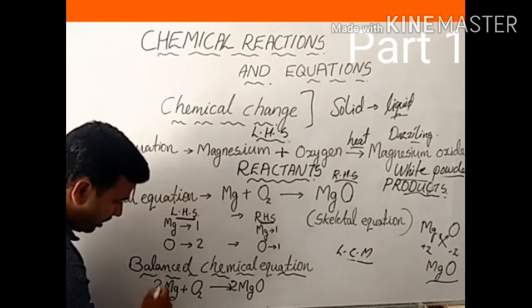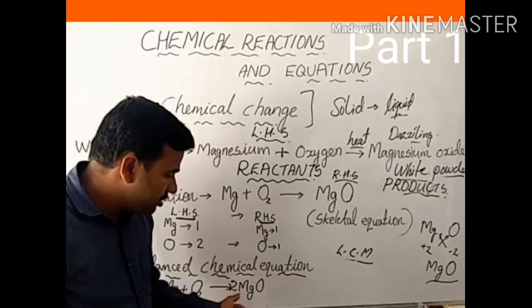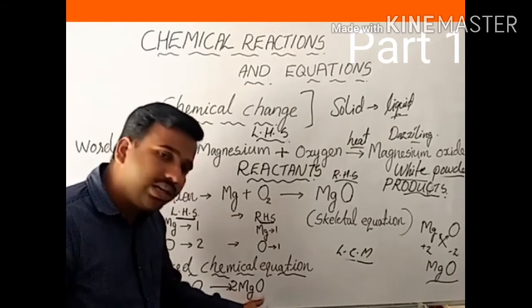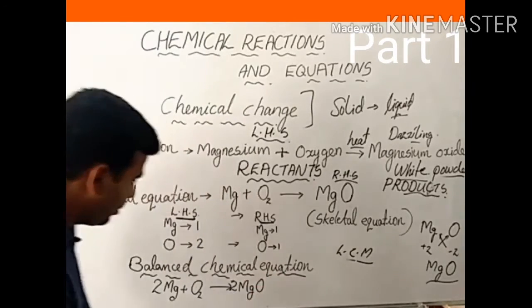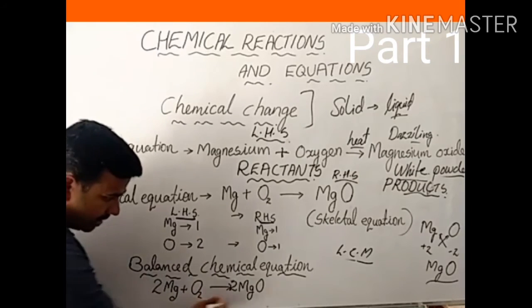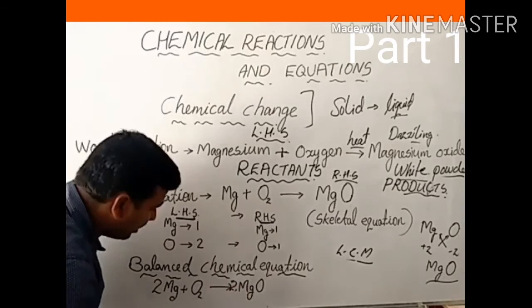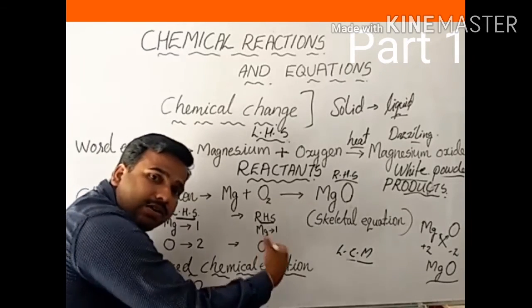So when you add 2 here, it becomes 2MgO. Clear? So as you look, now the 2 atoms of oxygen as well as 2 atoms of magnesium are there on the right hand side.